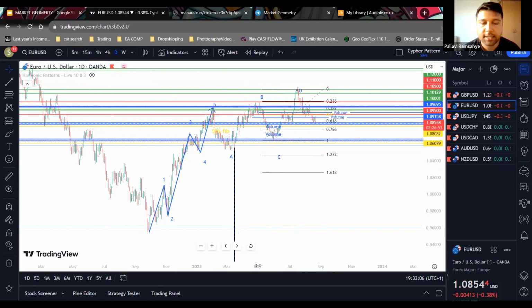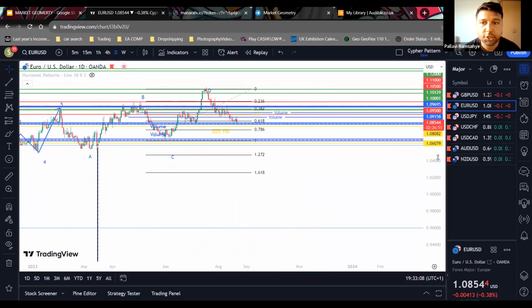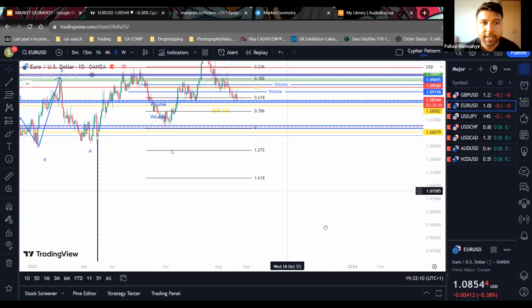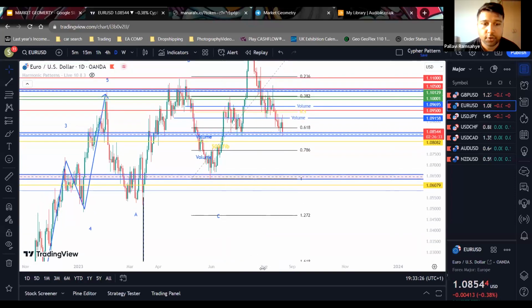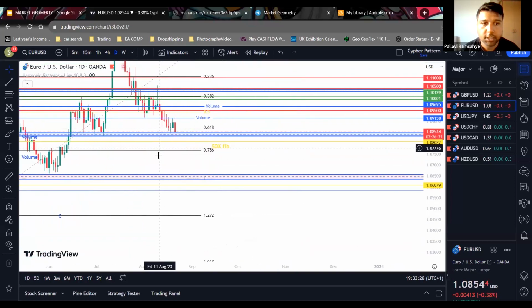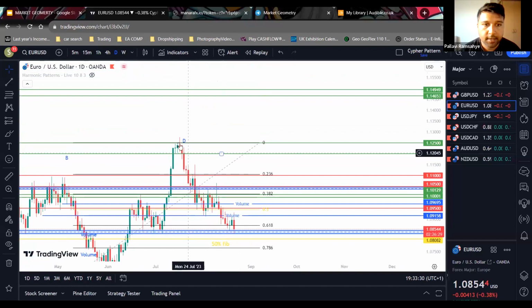It just goes to show that if you take harmonic patterns seriously, and you can get to a point where you're able to see the patterns before they form, it is really useful. Before this pattern had formed, I had drawn up something called a CHoCH, a change of character, at this point here.